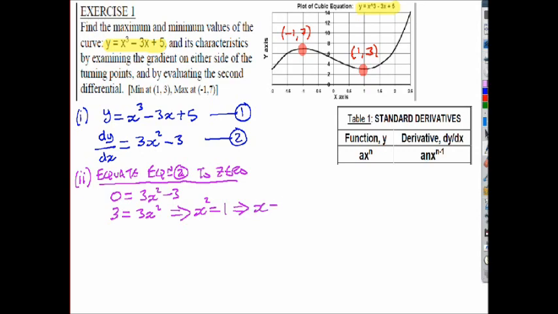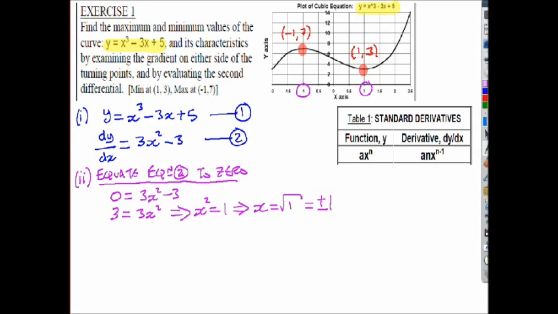So x is equal to the square root of 1, which is plus or minus 1. Positive and negative 1. So we have x is equal to 1 here and x is equal to negative 1 here, two values of x. So step 2 is slightly more complicated than the previous example, in that we've got to square root the answer and we get two solutions.